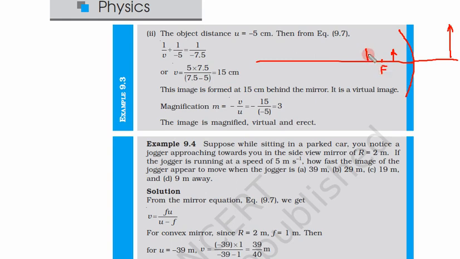First time the object was at 10 centimeter distance and its image was 30 centimeter at this point. So this is the first case. Somewhere here we got the center of curvature. This was the pole. This is the object at the second place and this was the image the second time.